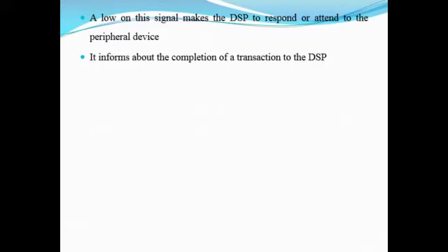It also informs the DSP about the completion of a particular transaction. So whenever any task is given and the DSP completes that task, it informs about the completion of this particular transaction.